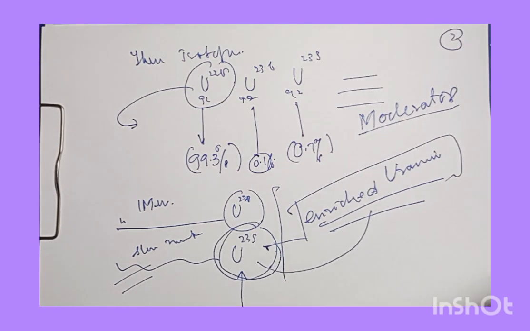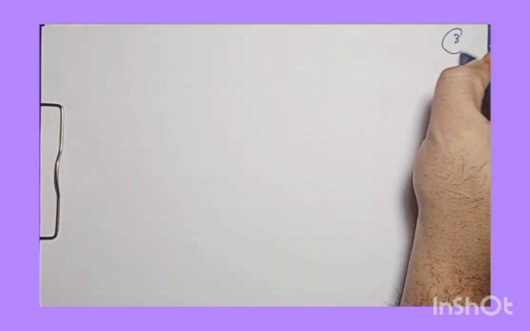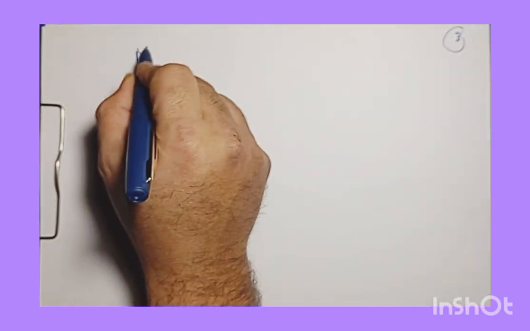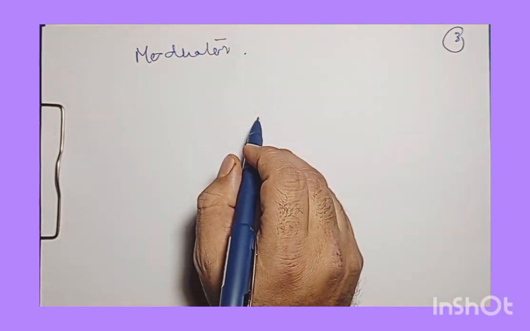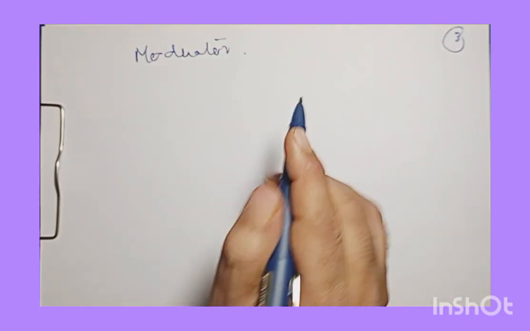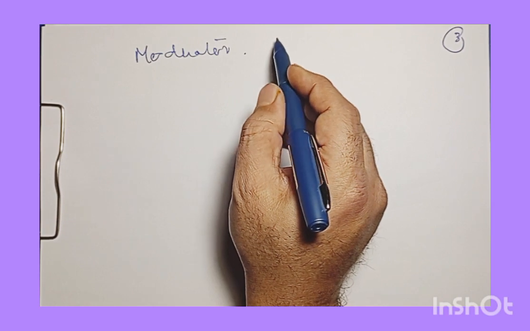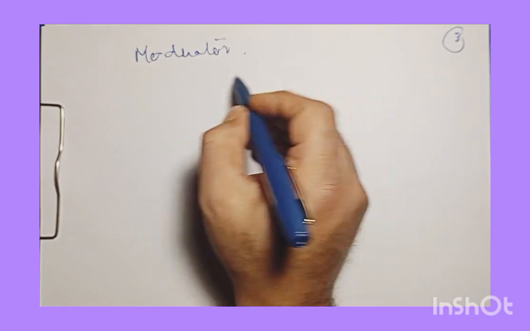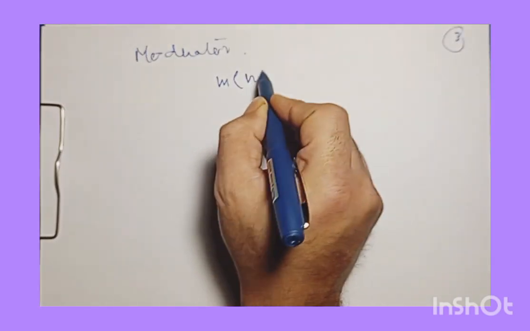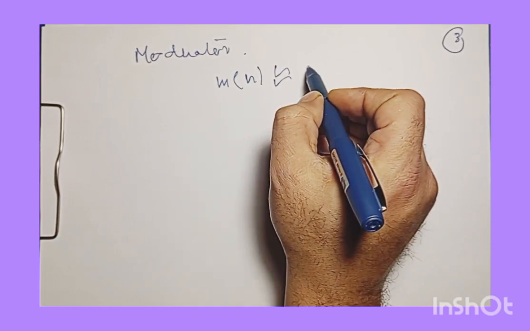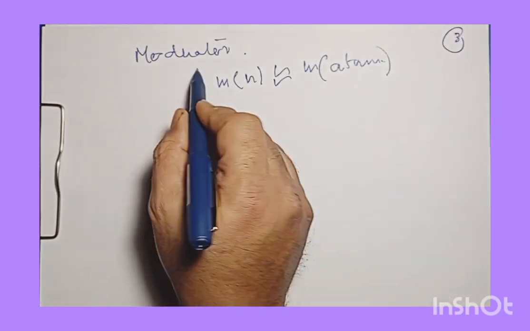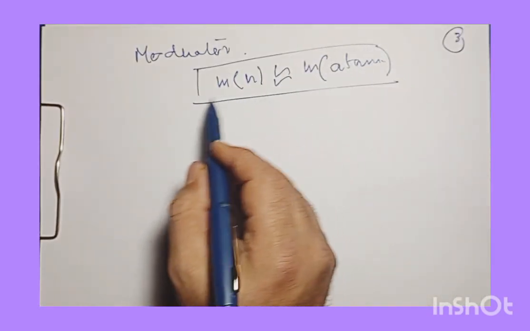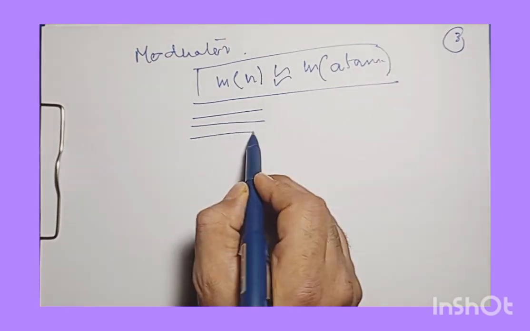Now, what is a moderator? A moderator is most effective if the mass of its atoms is about the same as the mass of a neutron, so that it slows down these fast moving neutrons.